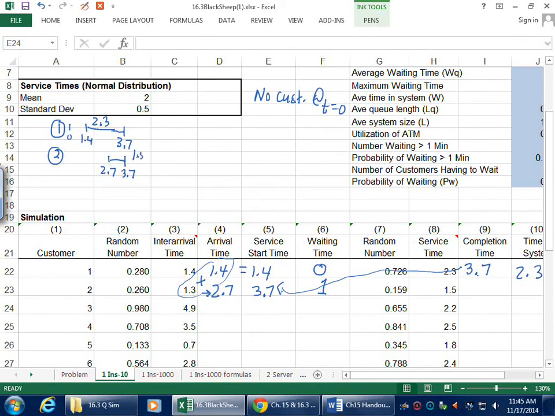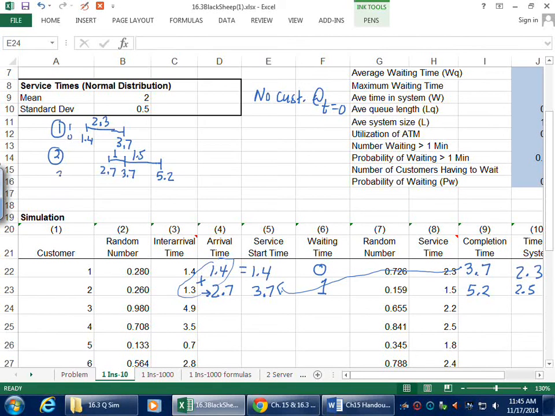So 3.7 plus 1.5 is 5.2, so at 5.2 that scarf could now leave. Time in the system is waiting time of 1 minute plus service time of 1.5, so it's 2.5 minutes.